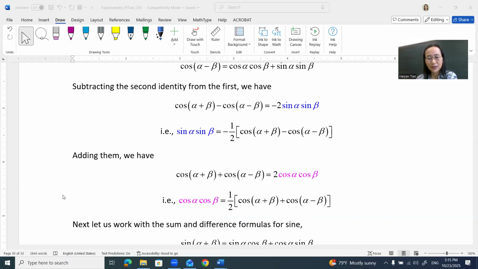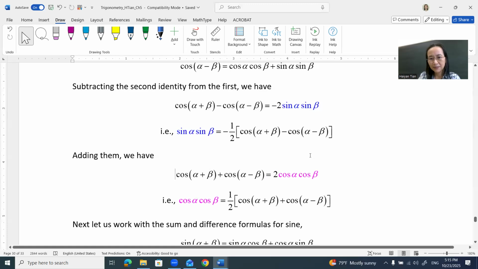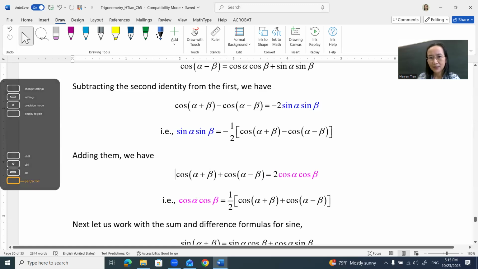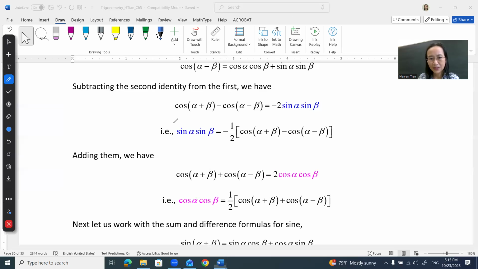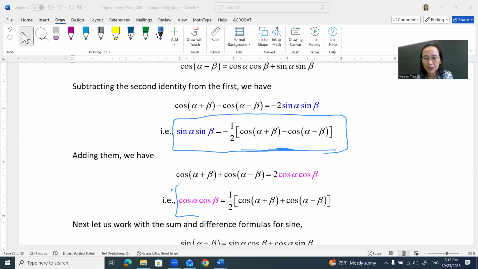So now we have a second product to sum formula. The first one we derived was this. That's a product to sum. And you might say this is a difference of two functions, but actually the difference is also a special kind of summation, because you add a negative of something.